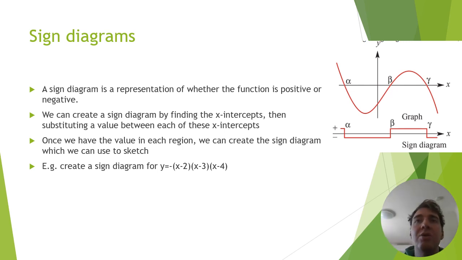Sign diagrams are just little diagrams that tell you whether the graph is positive or negative. But if you find your x and y intercepts and you connect the dots, then you don't need to use these. If you see a question about it, skip it. There won't be any in your SACs. There won't be any in your exams in year 11 or in year 12. But if you want to read about it, go for your life. Don't let me stop you.